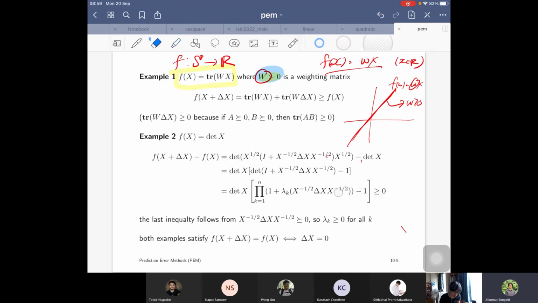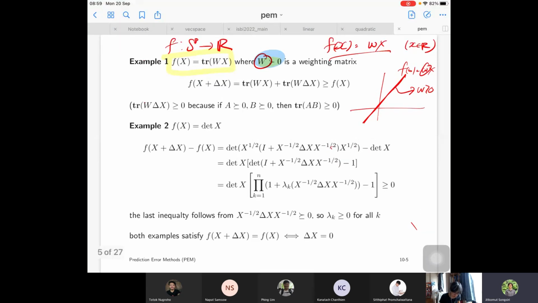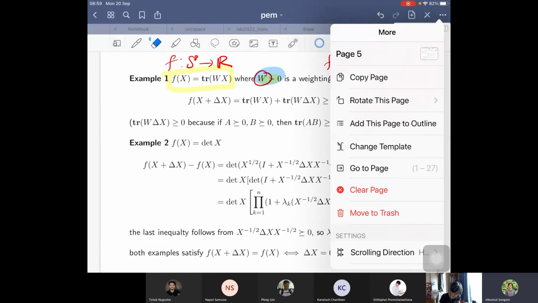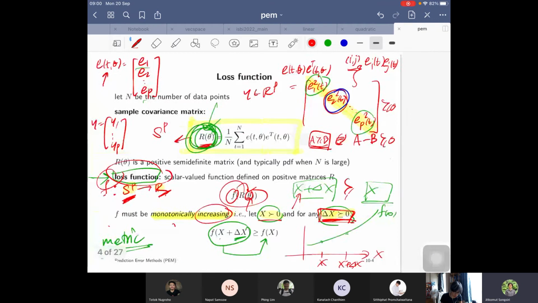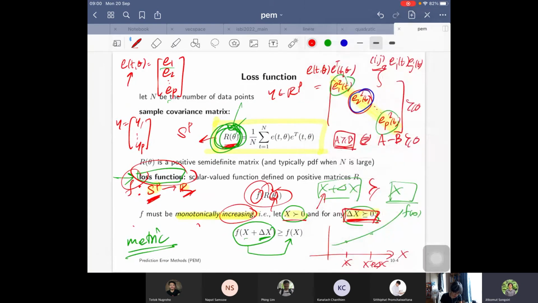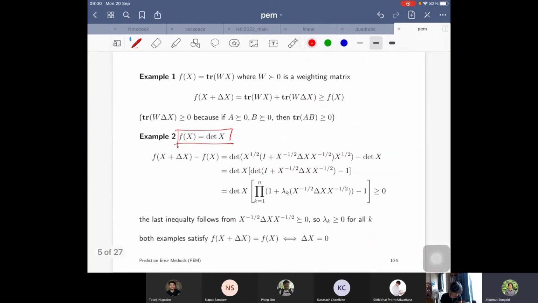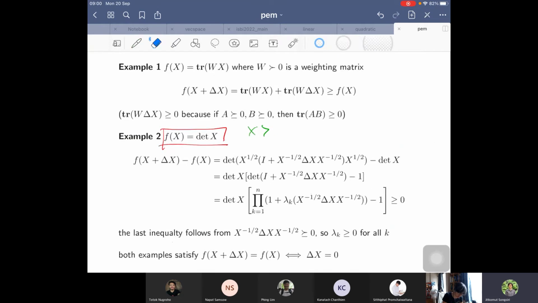All right. Now we take a look at the second one. The second choice of the loss function is the determinant of the matrix X. I also would like to mention first that when you have a matrix that is positive semi-definite... never mind.